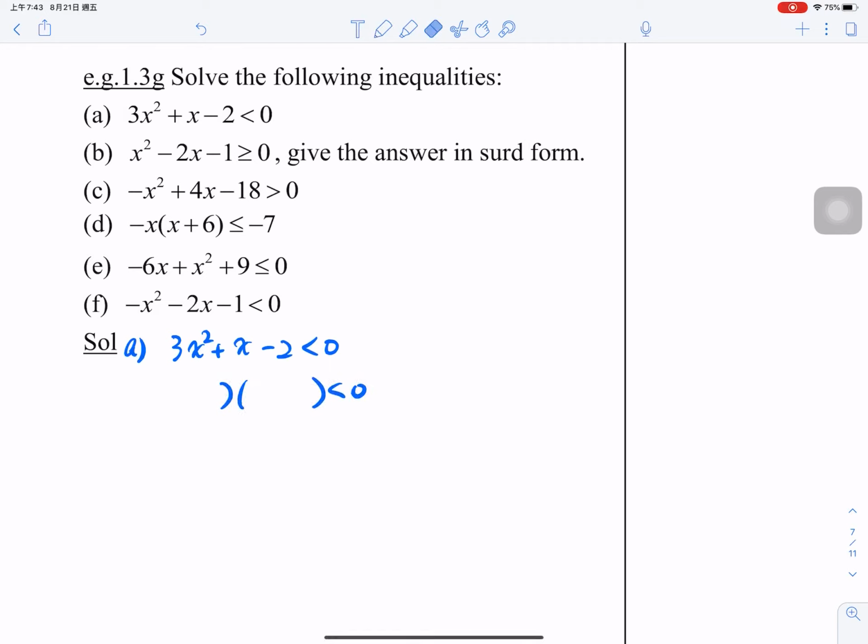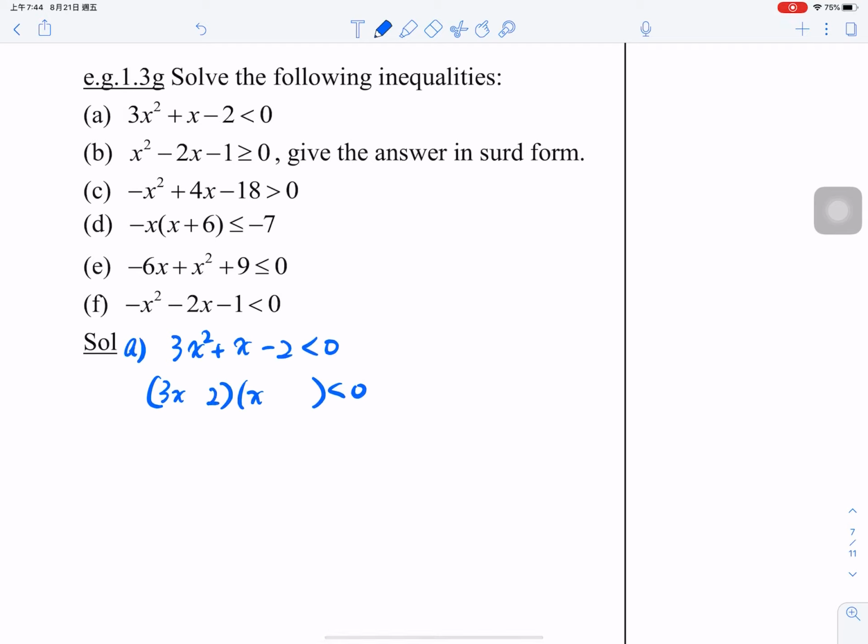So 3x and x, right? So how about the constant part? This one negative 2, so positive 2 or negative 2. The other one will be negative 1, positive 1, okay? So think of it, 2 and 1.